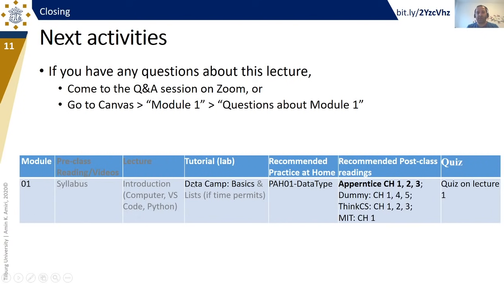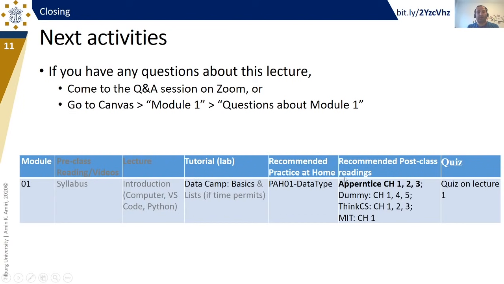Your next activity in the tutorial is to register on datacamp.com and do the first lecture there on basics and do the assignments there. It's highly recommended that you do the data types practice at home questions. The data type practice at home question is called PAH01.